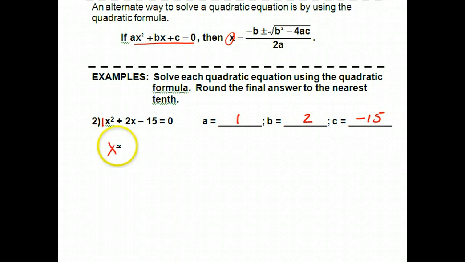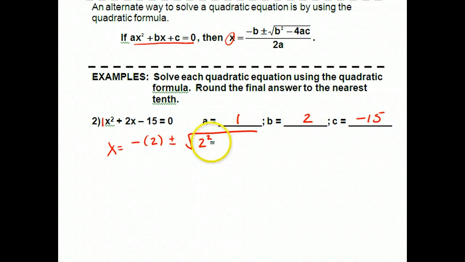We want to find x, so x is equal to minus b, which is minus 2, plus or minus, we'll talk about the plus or minus in a second, the square root of b squared, so 2 squared, minus 4 times a, which is 1, times c, which is minus 15, and that's all going to be over 2a, so 2 times 1.